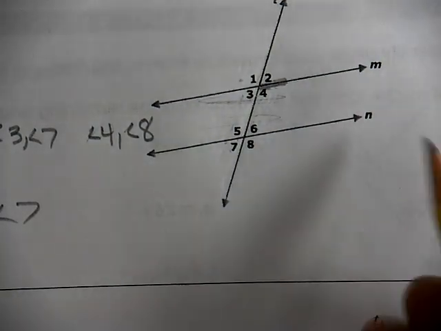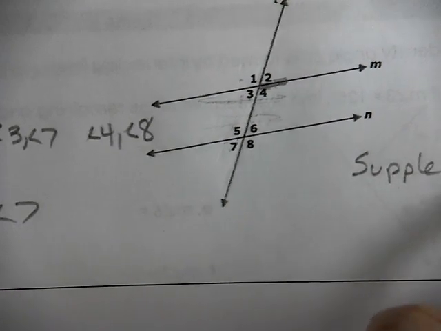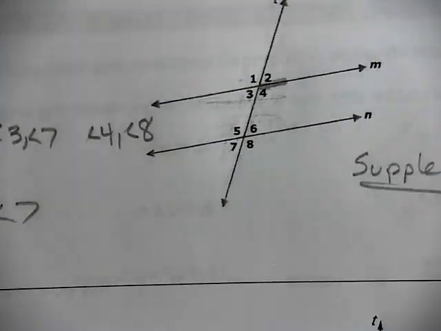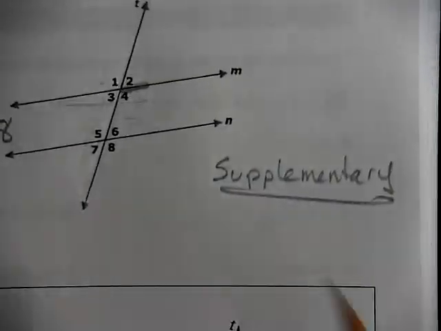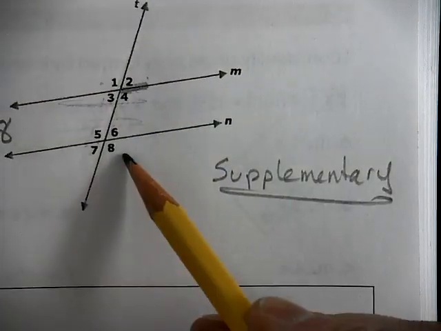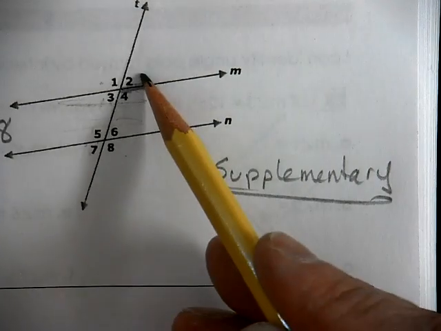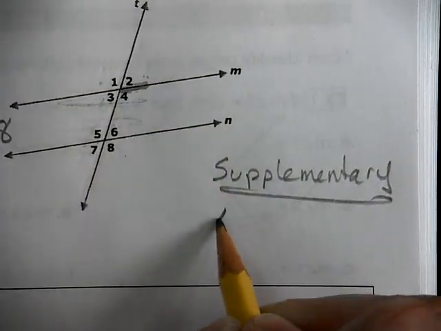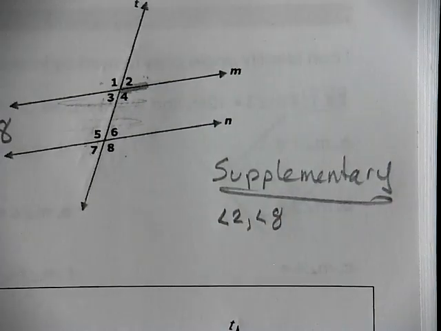What would you think? 2 and 8 have different vertices, and they would be considered supplementary, but they do not have a special name from us.